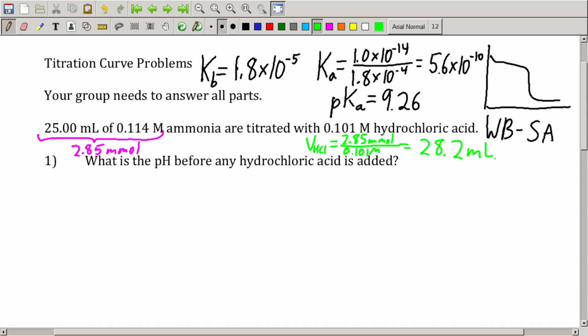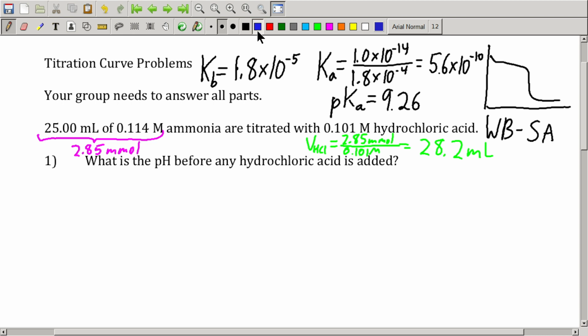So let's figure this out now. What's the pH of the analyte before any hydrochloric acid is added? What kind of solution do we have here? If I have a 0.114 molar solution of ammonia, what kind of solution is it? Strong acid, strong base, weak acid, weak base, or buffer?